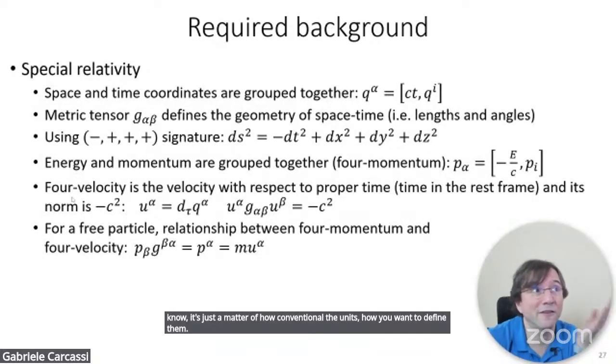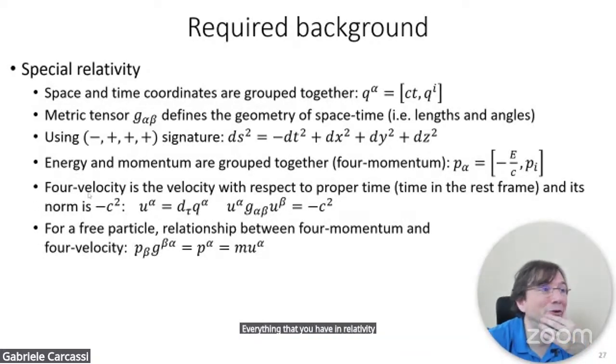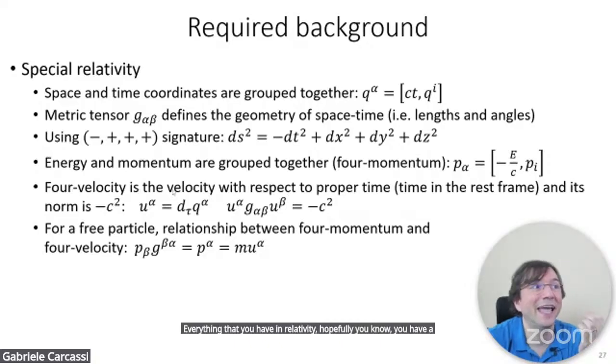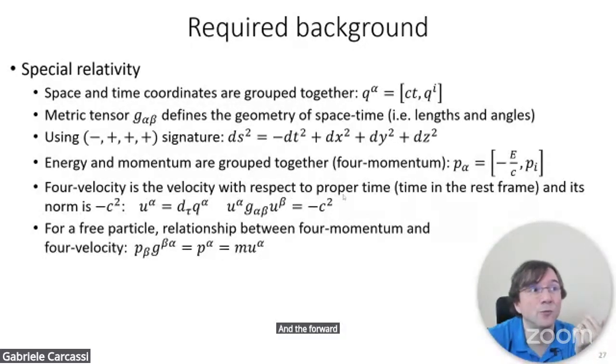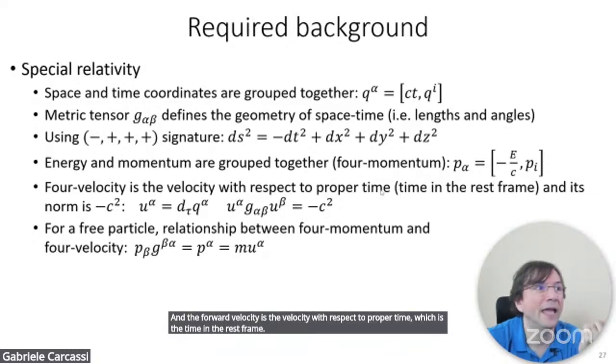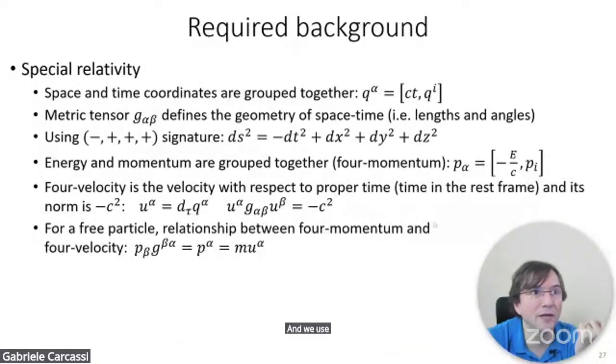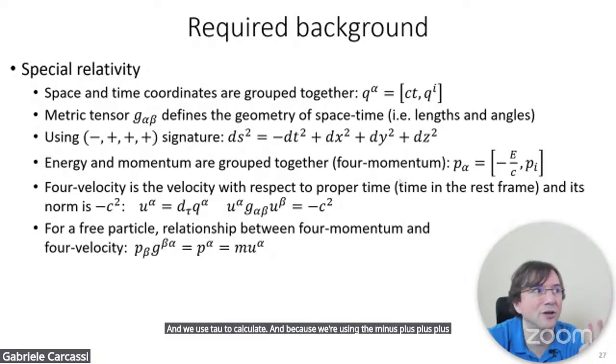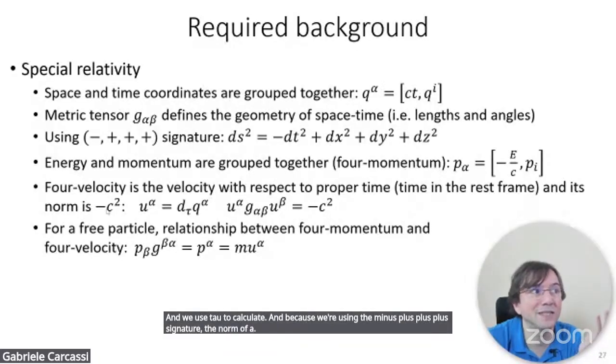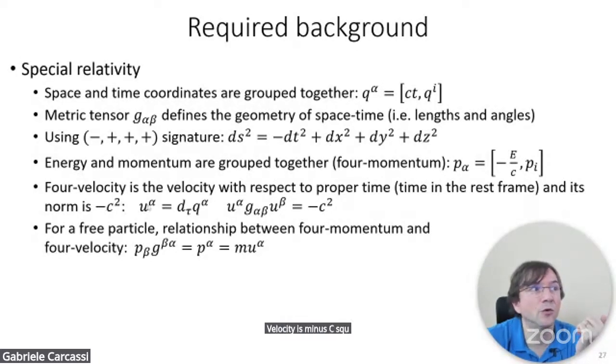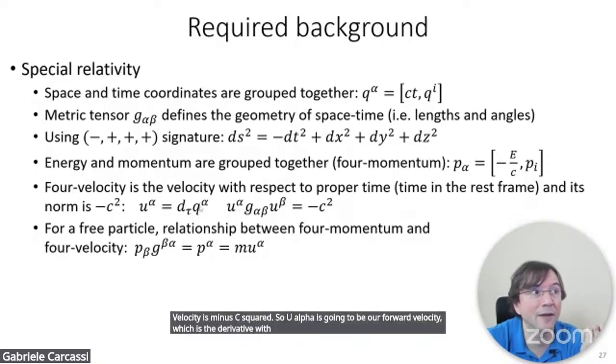The other thing that you have in relativity, hopefully you know, is the four-velocity, and the four-velocity is the velocity with respect to proper time, which is the time in the rest frame, and we use tau to calculate it. And because we're using the minus plus plus plus signature, the norm of a four-velocity is minus c squared. So u alpha is going to be our four-velocity, which is the derivative with respect to proper time of the position and the time.